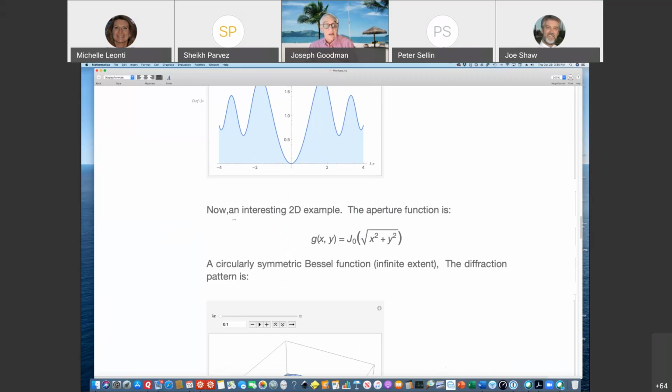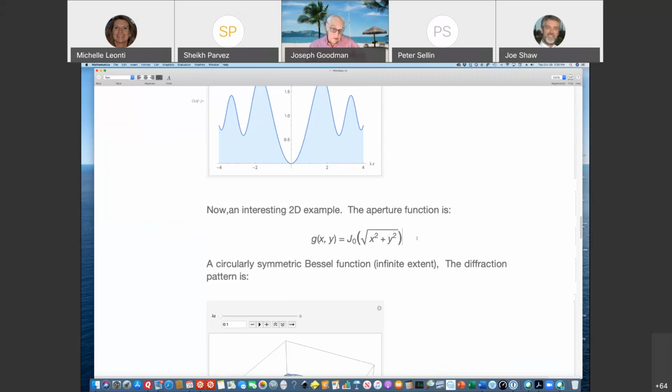One more example. This is a 2-dimensional example, and the aperture function I've chosen, g of x and y, is a 0-order Bessel function of the first kind that's radially symmetric. It depends on the square root of x squared plus y squared.